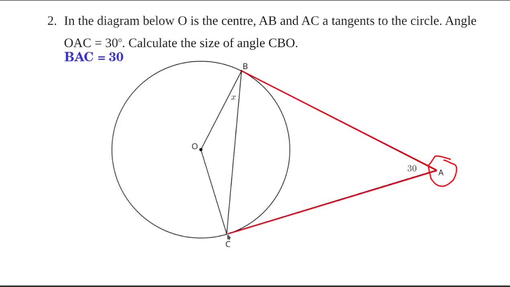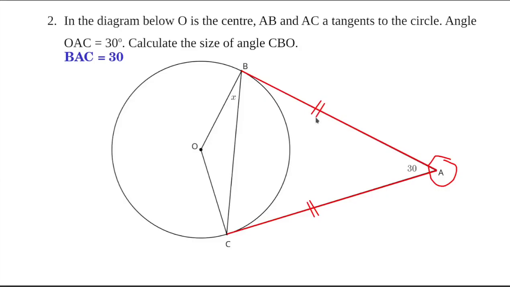If two tangents are starting from the same point, they are going to be equal. This one is going to be equal to that in terms of length.